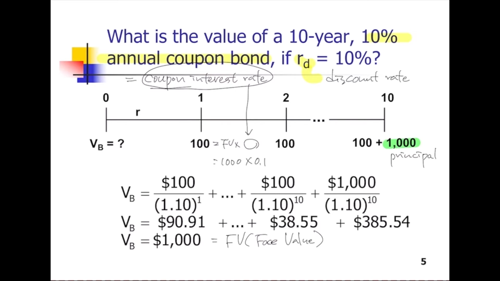Because the coupon interest rate is the same as the discount rate. This kind of bond we call a par bond. In Korean, 액면가 채권.